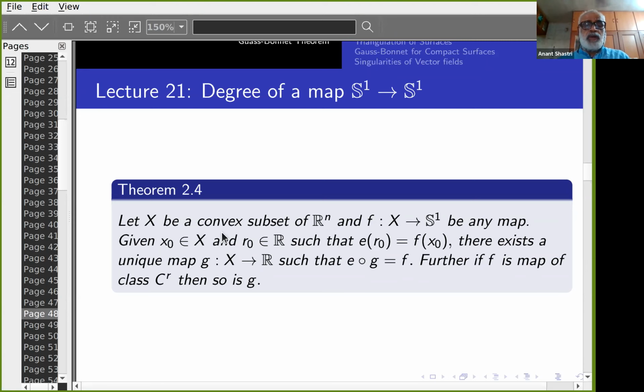Start with a convex subset of R^n. Take any smooth function f from X to the unit circle S^1.